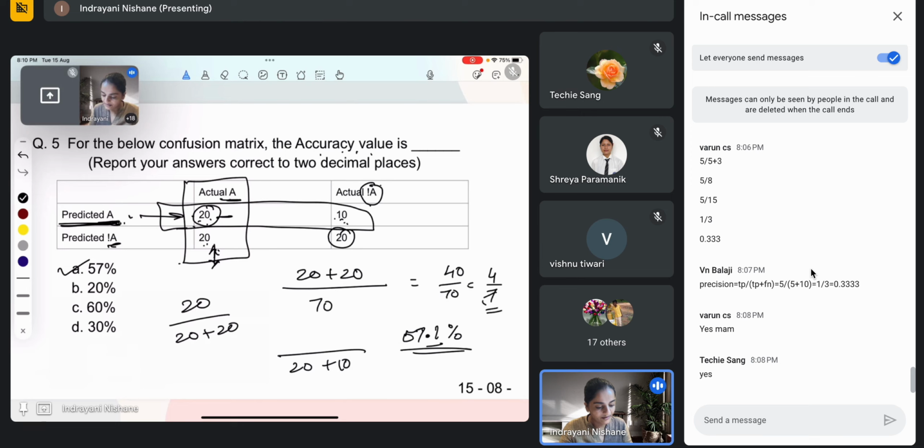So precision will be 20 divided by 30, and recall will be 20 divided by 40. Yeah, so we understood precision, recall and accuracy, right?